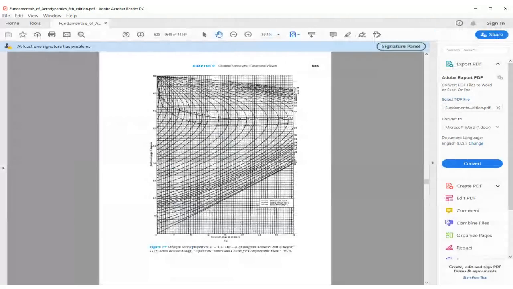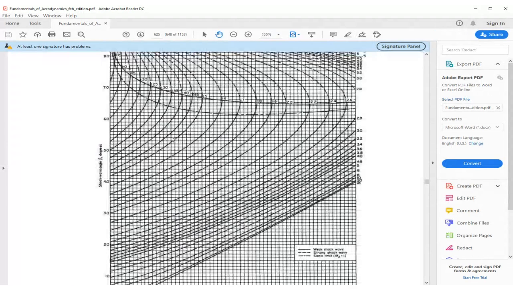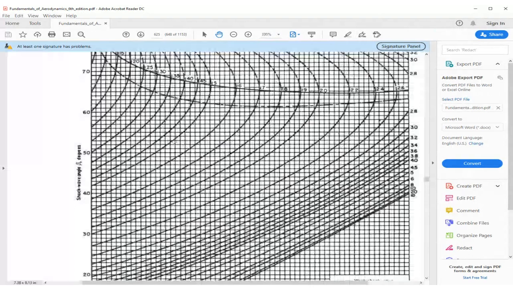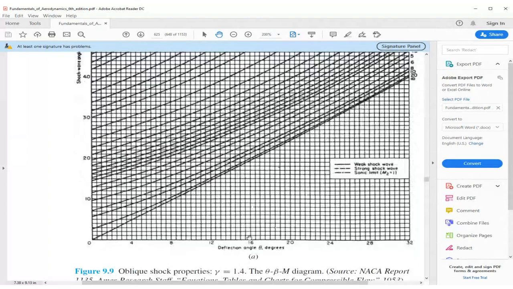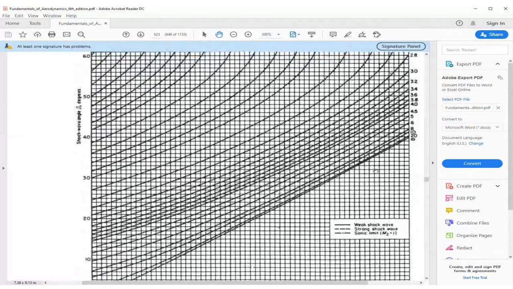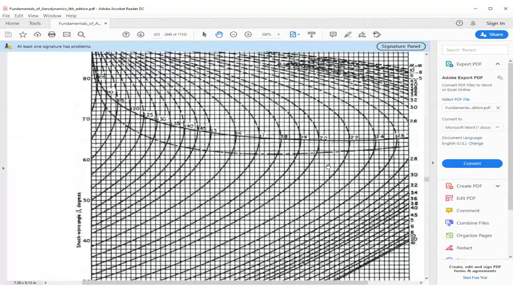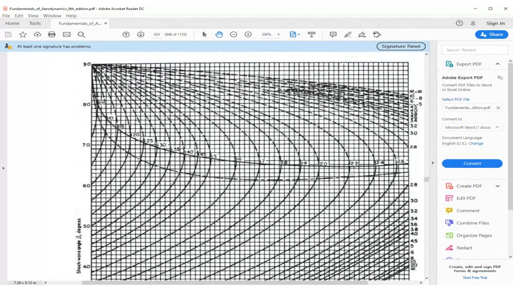Cool, thanks. All right, so here's that same theta beta M chart. Deflection angle, shockwave angle, whole bunch of Mach number lines. You note that as Mach number gets lower and lower, you start to progress into the chart, if you will.